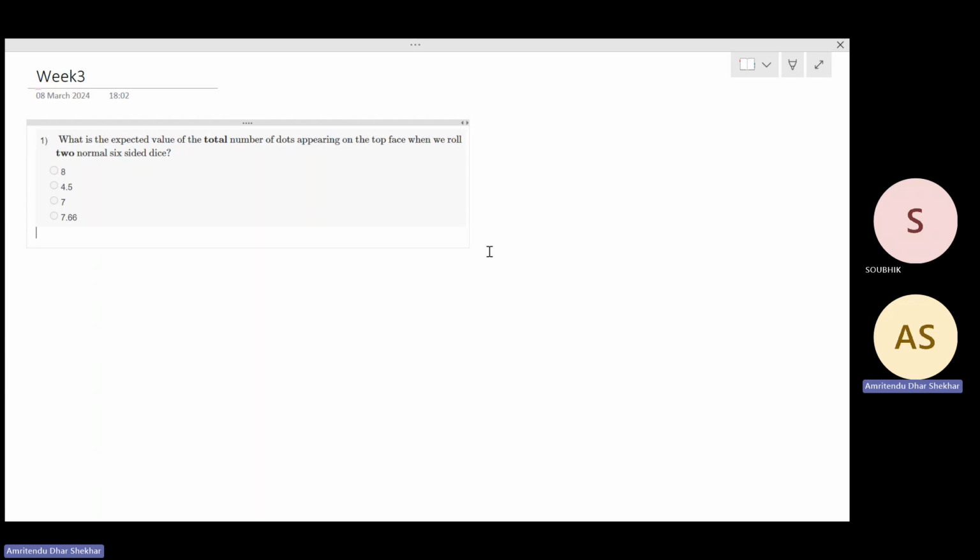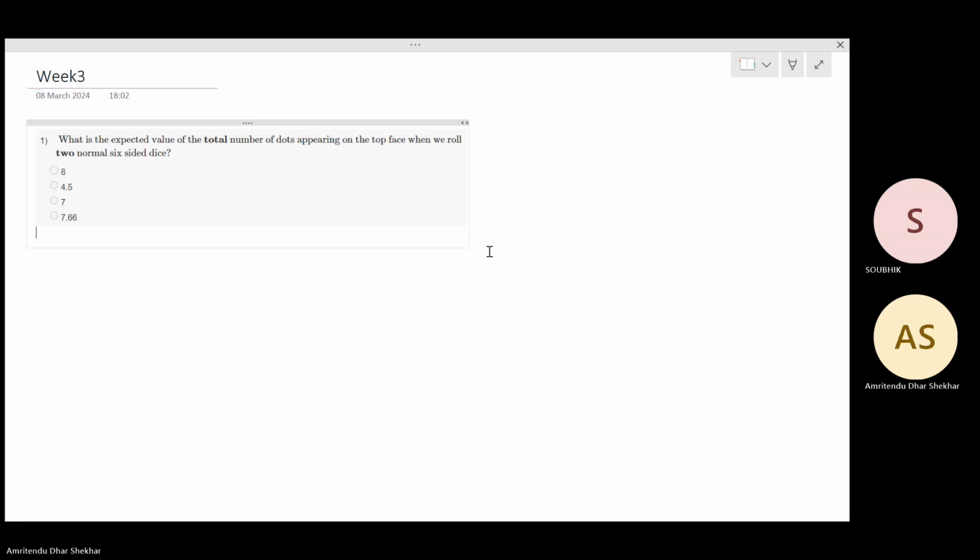we have two dice and we are rolling them independently. So what is the expected number of, so essentially what is the sum of the numbers that we'll see on the dice in expectation?